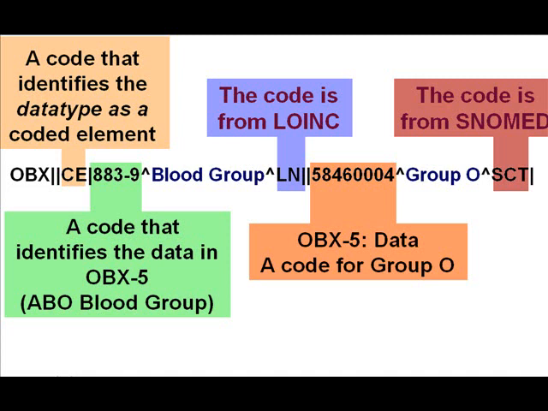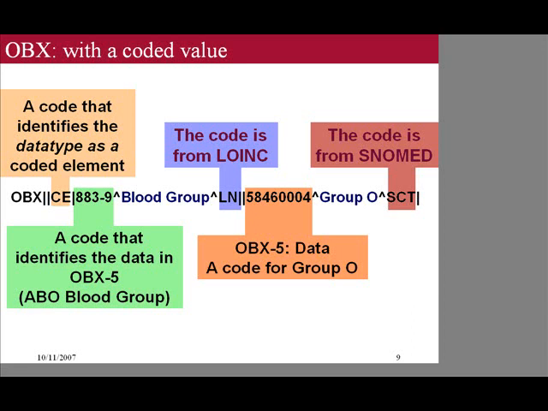The LOINC codes are intended to be used to create a unique meaning for the data element that is being sent. And so the names, we focused on making the unique characteristics of the item more so than creating user-friendly names.